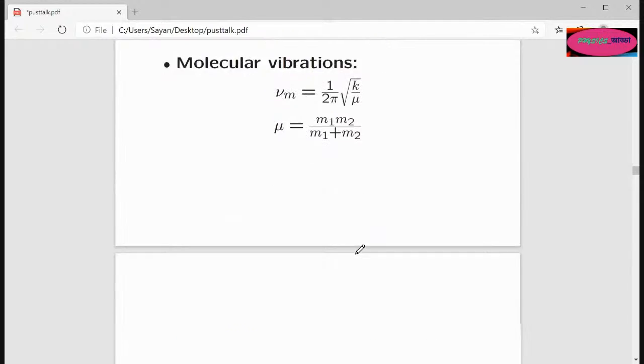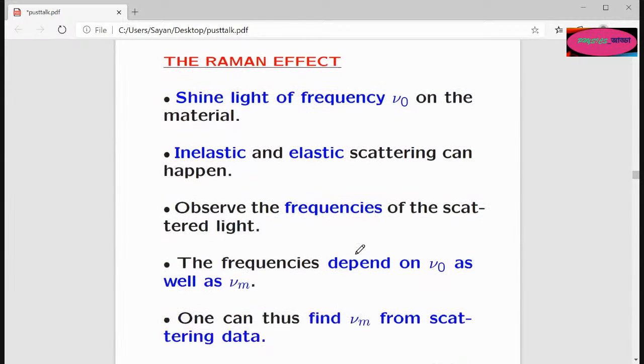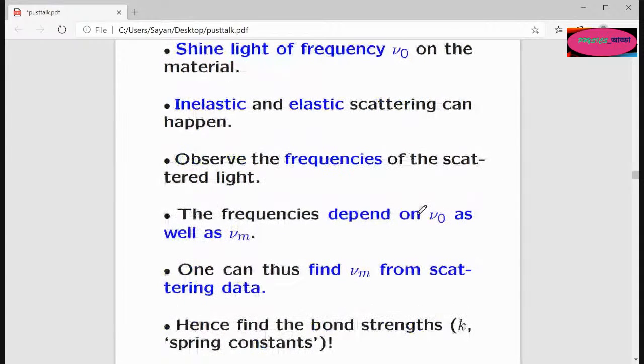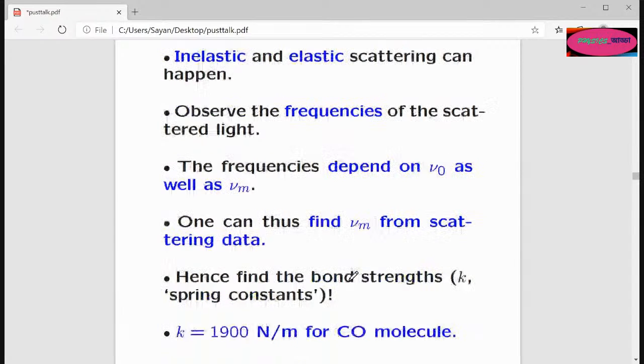Okay, and of course, there is the Raman effect where you can shine light of a frequency nu naught on the material. You know there is inelastic and elastic scattering. You observe the frequencies of the scattered light, and they depend on nu naught as well as nu m. And one can find nu m from scattering data. This is something which experimentalists in condensed matter physics do.